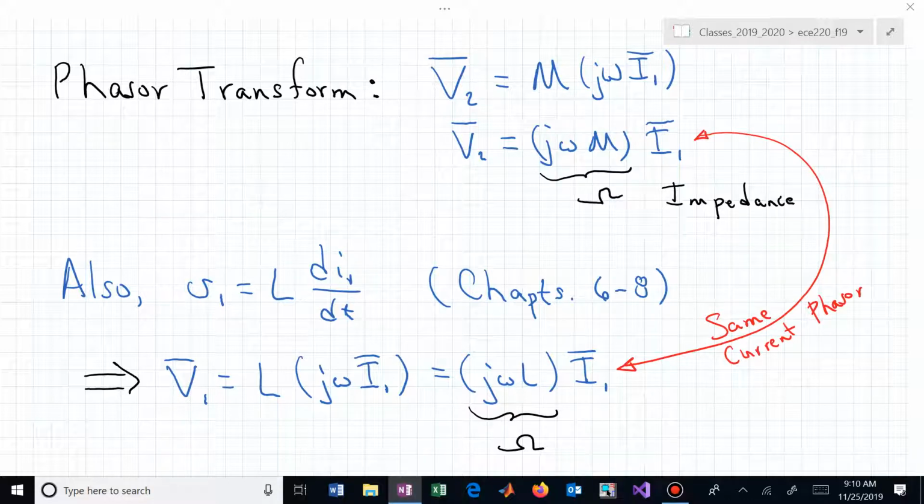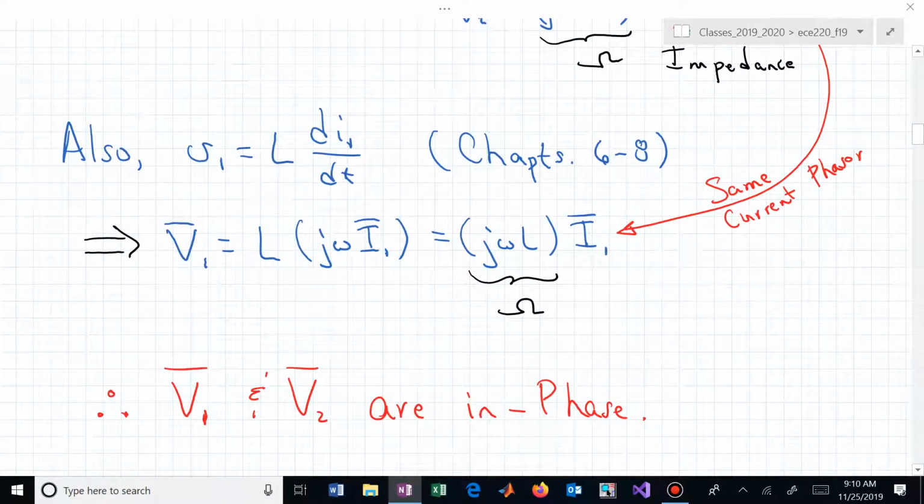V2 then is 90 degrees away from the phase of I1. V1 is likewise 90 degrees away from the phase of I1. And because of that, we can conclude that on this ideal transformer, the voltages on either side, the primary voltage and the secondary voltage, are in phase.